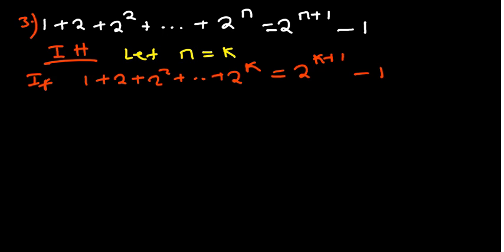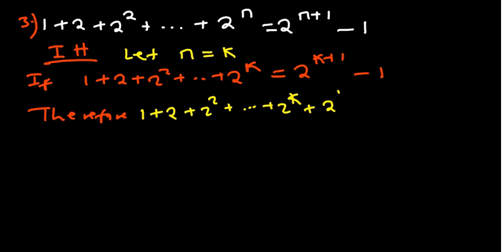If that is the case, then we should expect that, if we introduce a new term, the new term is going to be 2 to the power k plus 1, right? So 1 plus 2 squared plus up to 2 to the power k, and now we're introducing a new term which should be to the power k plus 1. Wherever there is k, we are putting k plus 1.